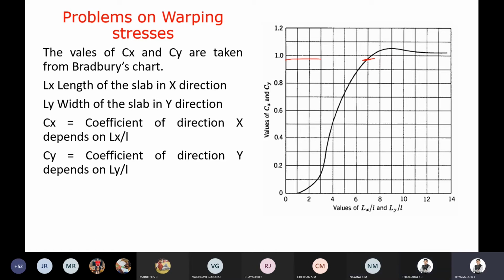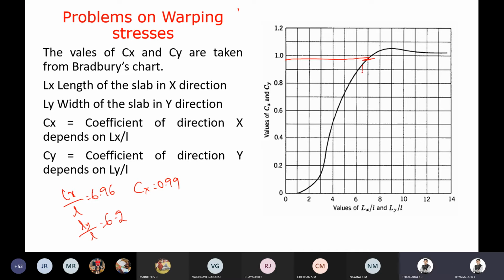Okay. Now we are going to get, for Lx by L is equal to 6.96, Cx is equal to 0.99. For Ly by L, how much are we going to get? 6.2, right?